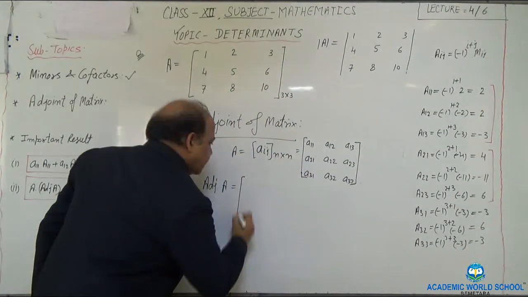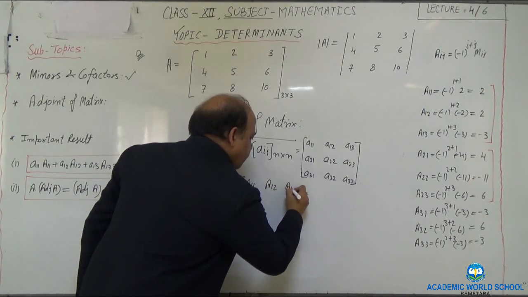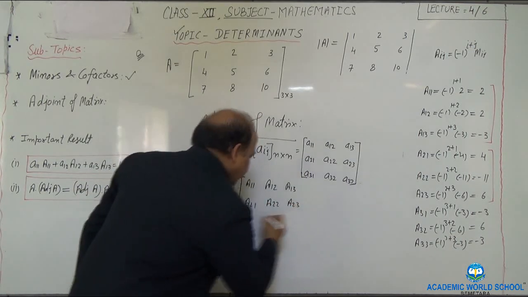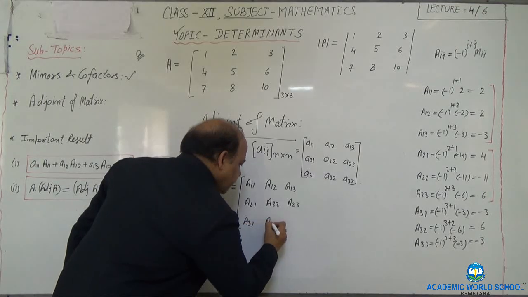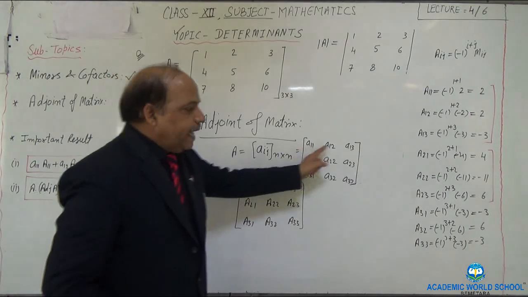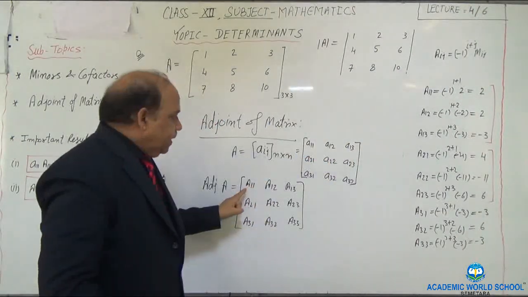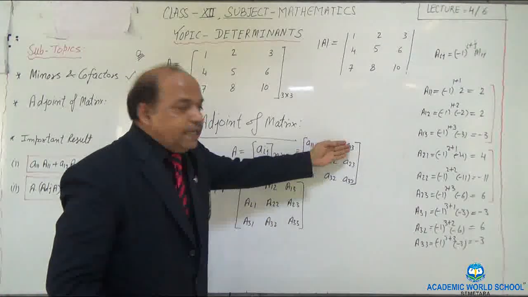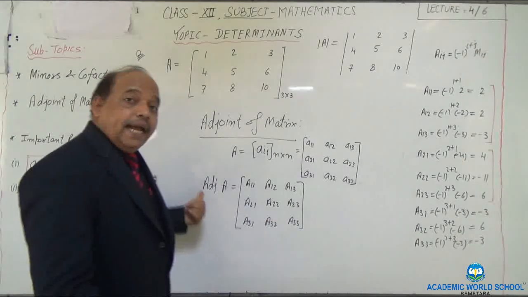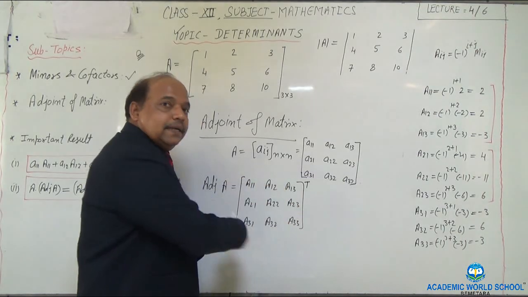So the cofactors matrix, let's say it is A11, A12, A13, A21, A22, A23, A31, A32, A33. Understand? These are the elements. Each element's cofactor we have written over here. So elements are replaced by their cofactors. Then what is adjoint? Adjoint is the transpose of the cofactors matrix.